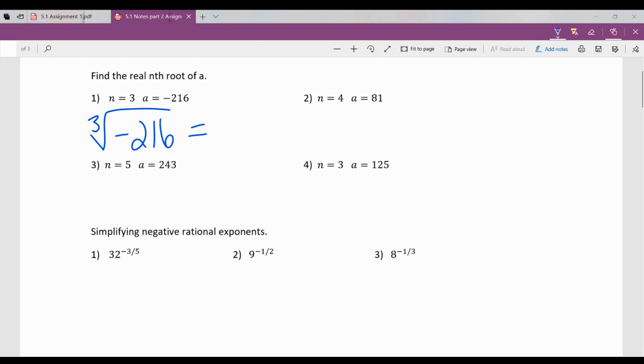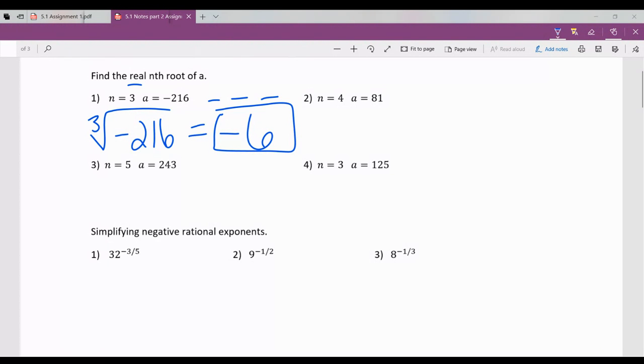We're looking for what number times itself 3 times is going to give me negative 216. And this is giving you a little hint. It says real, so there should be no i's involved here, no imaginary numbers. So what number times itself 3 times is going to give me negative 216? That's negative 6. So that is my final answer for that one.